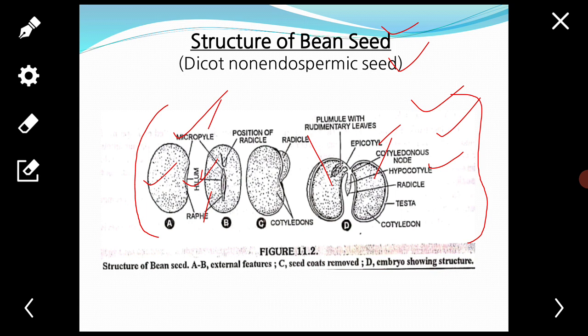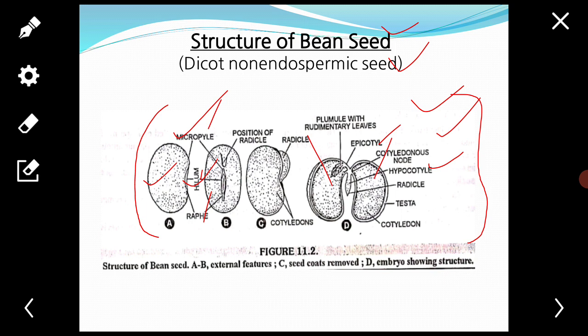The cotyledons store reserve food material in the form of carbohydrates and proteins to provide nourishment to the embryonal axis at the time of seed germination and growth of the young seedling.